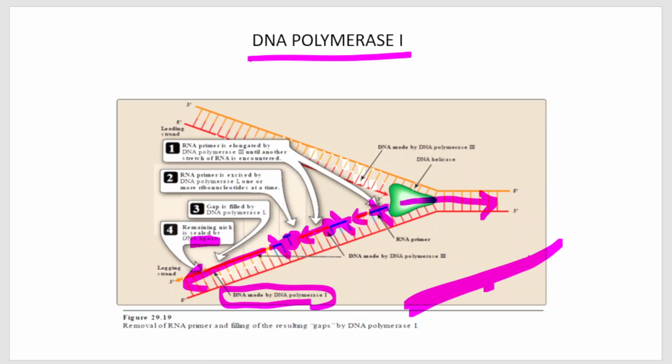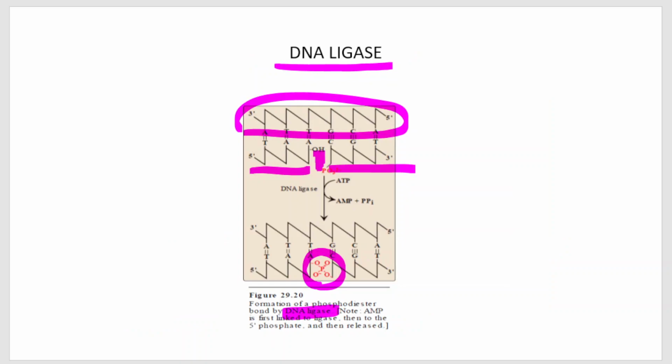Then DNA polymerase 1 will recognize these RNA primers and remove them. After that, the gaps are filled by DNA polymerase 1 by addition of nucleotides. After the nucleotides are added, DNA ligase will form phosphodiester bonds. Thus two continuous strands can be formed.